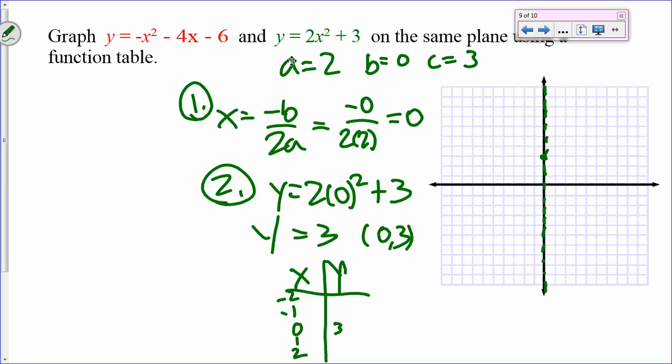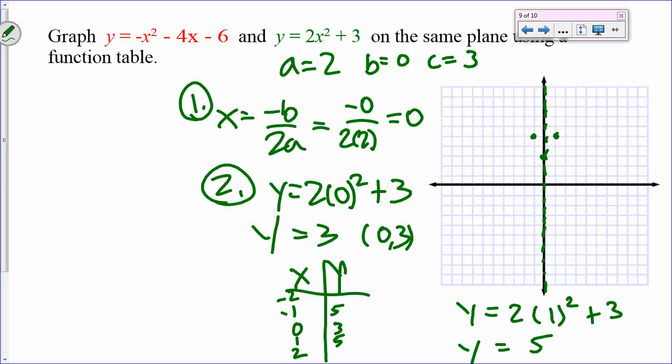So (0, 3) was a point. Well, let's see what happens when we plug in 1. Y equals 2 times 1 squared plus 3. So that's equal to 2 times 1 is 2, plus 3 is 5. So when we plug in 1, we got 5. So let's graph that point. That's here. By our axis of symmetry, there should also be a point at (-1, 5).